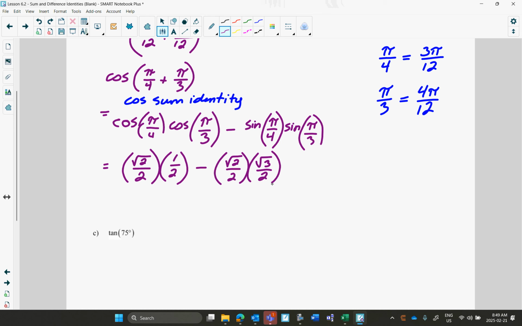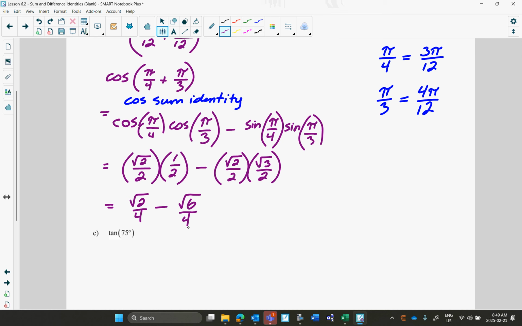Now that we've got values for all those, the trig of those angles, we can multiply this to get root 2 over 4. Minus, and remember, when we multiply two square roots together, it's the same as the square root of multiplying the numbers inside the square roots. Over 4. And you can leave your answer like that.